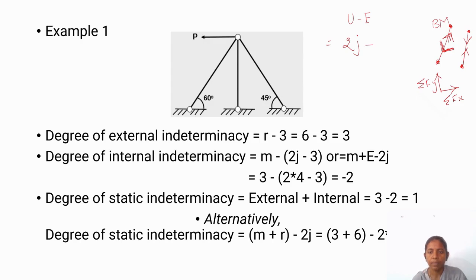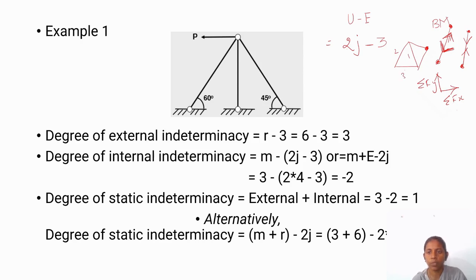minus 3. How does it come? For example, if you consider a very simple triangular truss, if you need an additional joint, you will have two additional members. So each joint will have summation of Fx, Fy, two components, so 2j minus, we are going to deduct 3. 3 means the basic members 1, 2, 3.